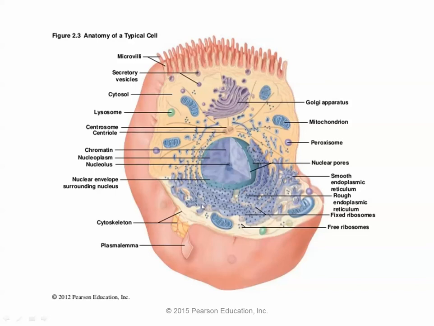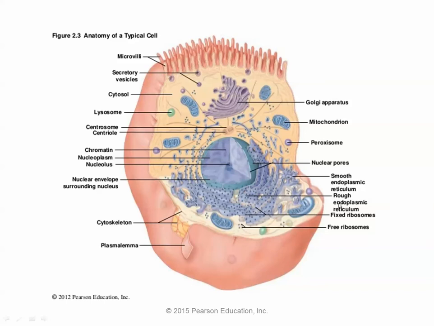We'll go into them in much greater detail later on, but you have the smooth type, which produces carbohydrates and lipids, and you have the rough type, which produces proteins. They are distinguishable by these little blue studs in this picture. The rough endoplasmic reticulum is studded with these little blue, small, round things. And the smooth endoplasmic reticulum completely lacks these things.